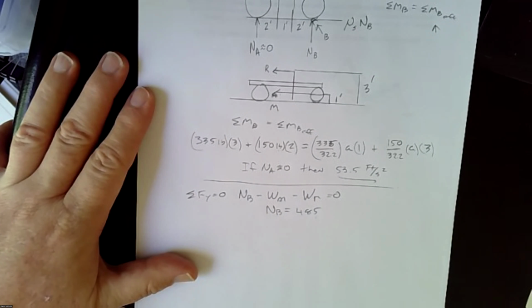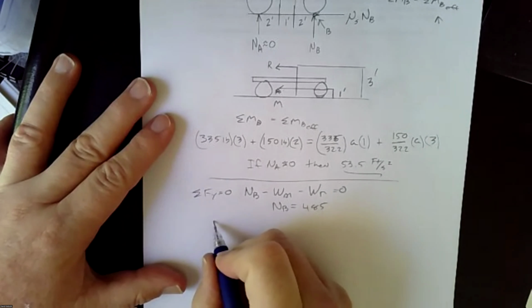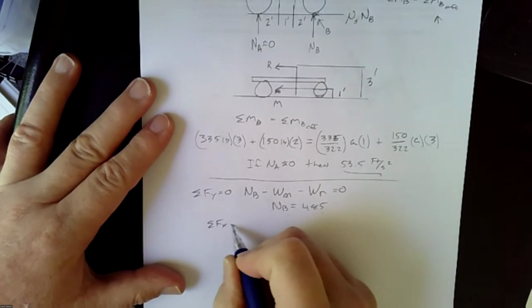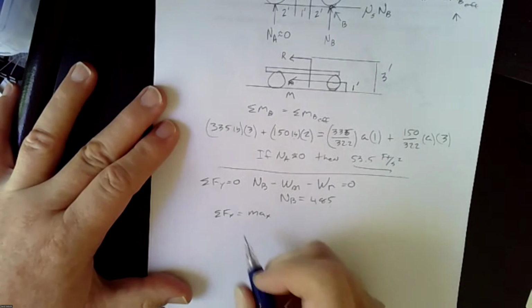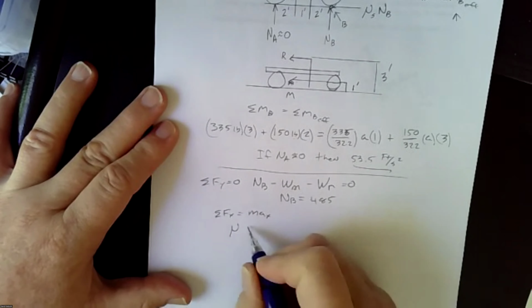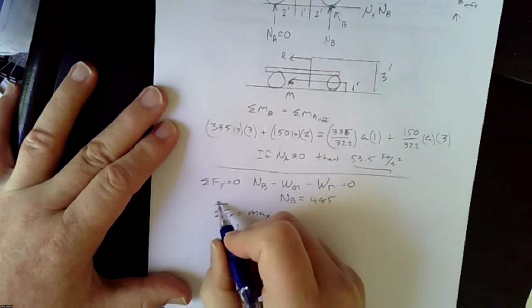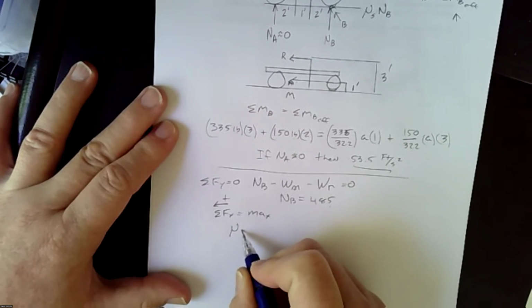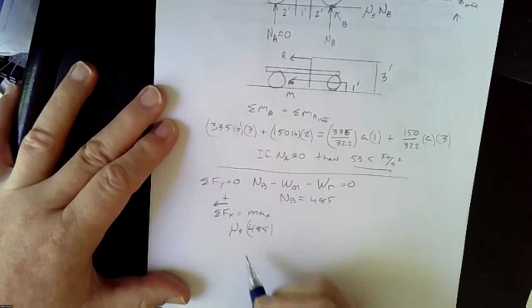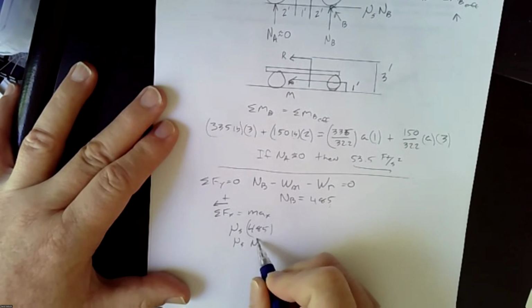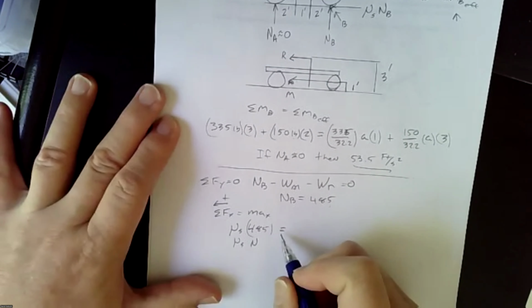And then if we look at summing the forces in the x, then what do we have? We have mu static times the normal force, 485, and that's making this way positive. That's basically mu static times the normal force. And then that equals what?